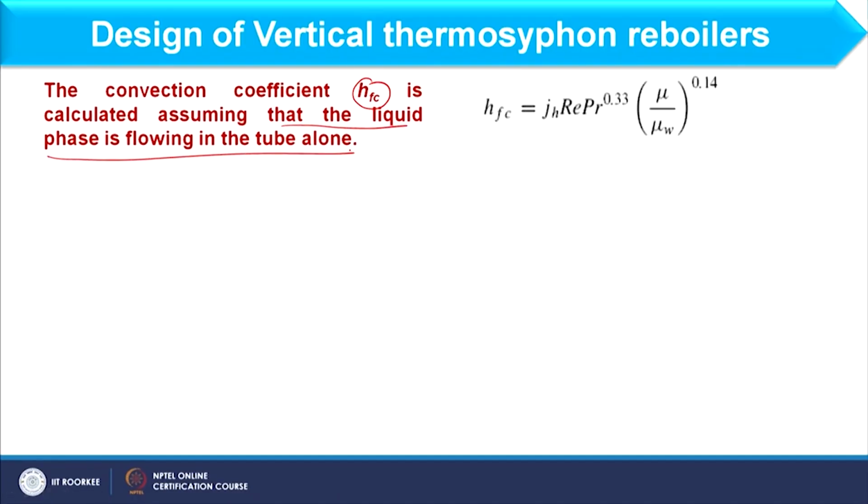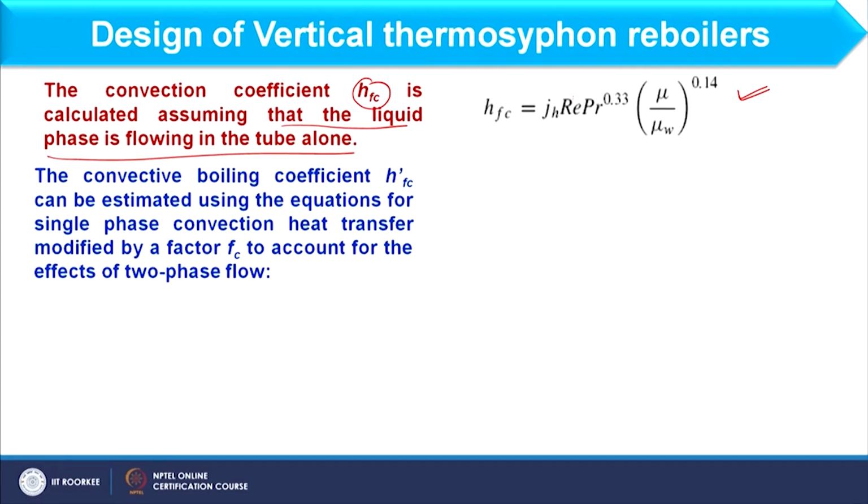Okay. So, here we have the correlation for convective heat transfer which we also consider in a shell and tube heat exchanger, right. However, in a vertical thermosiphon reboiler, the fluid is continuously moving. So, whatever Reynolds number we obtain as REL, the same Reynolds number will be applicable here because this HFC corresponds purely to liquid, right.